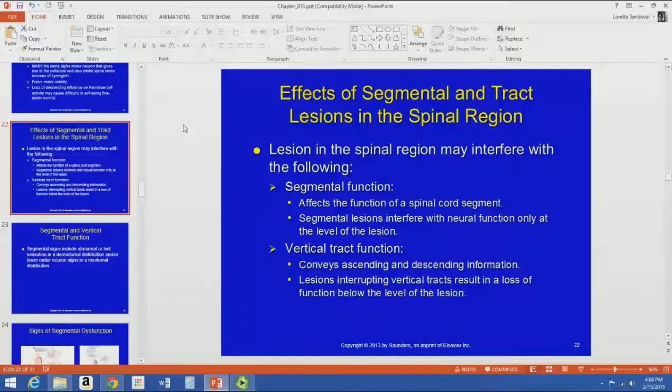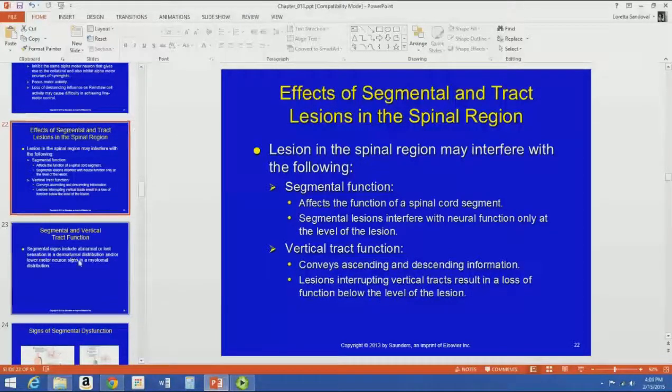So a segmental lesion might be something like a disc protrusion that is causing a nerve root compression. It only affects that spinal cord segment at the level of the lesion. Vertical tracts are conveying ascending and descending information, and vertical tract lesions result in a loss of function everything below the level of the lesion.